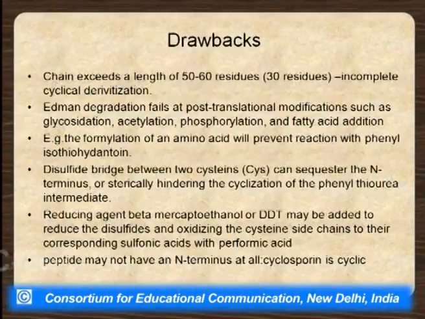All these blockings will prevent the reaction with the phenyl isothiocyanate. The disulfide bridges between 2 cysteines also can sequester the N-terminus and can sterically hinder the cyclization. Also, interfering agents may be added to prevent this kind of cyclization.